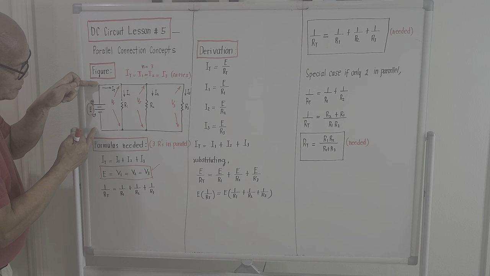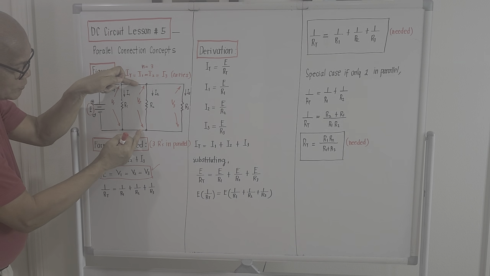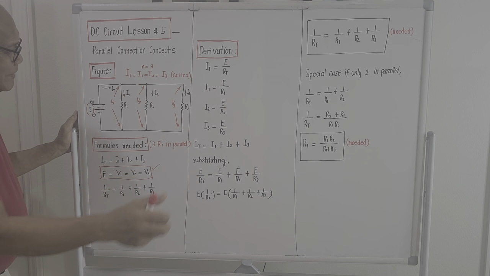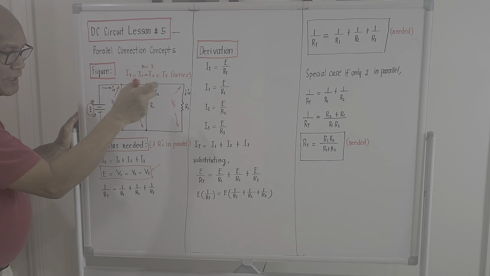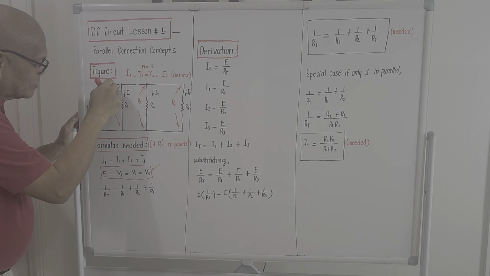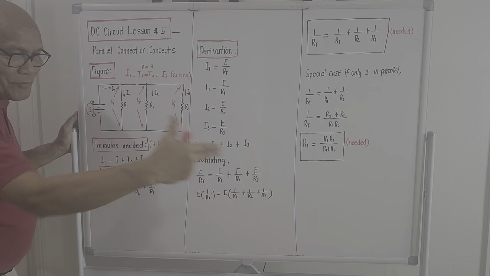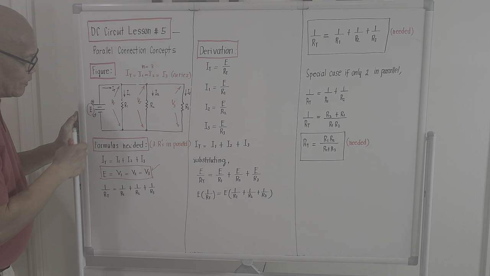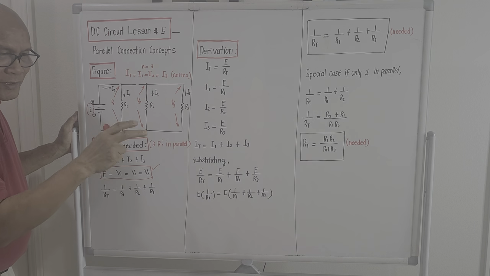The applied voltage is same as V1, same as V2, same as V3. Assuming the connecting wires got negligible resistance. Because if there is a resistance here which is not equal to 0, that's a different story. So for the meantime, for the connection to be parallel, we assume that the connecting wires got 0 resistance.